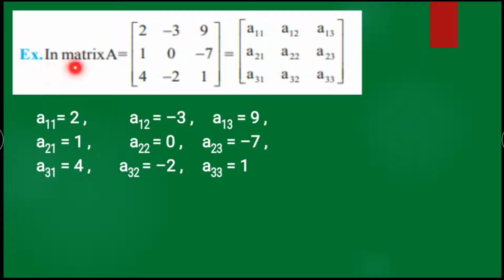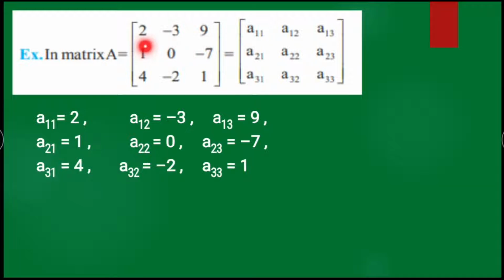For example, in matrix A, the elements of the first row are 2, minus 3, 9. Elements of the second row are 1, 0, minus 7. And elements of the third row are 4, minus 2, 1. So here this 2 is in the first row and first column.